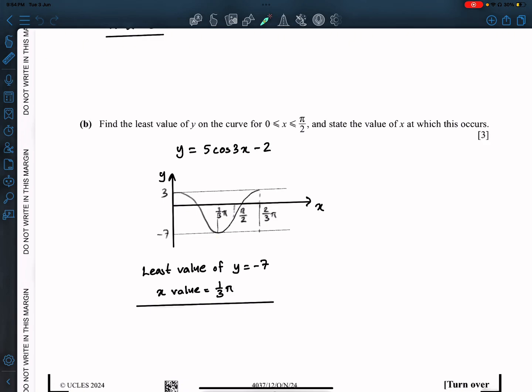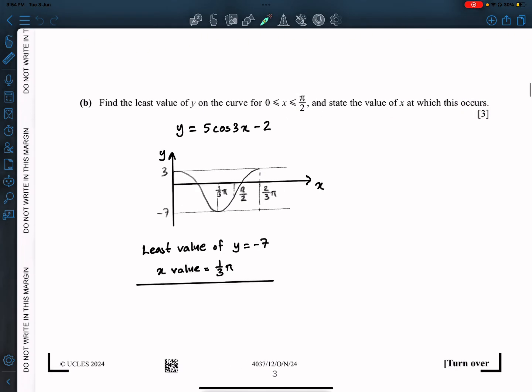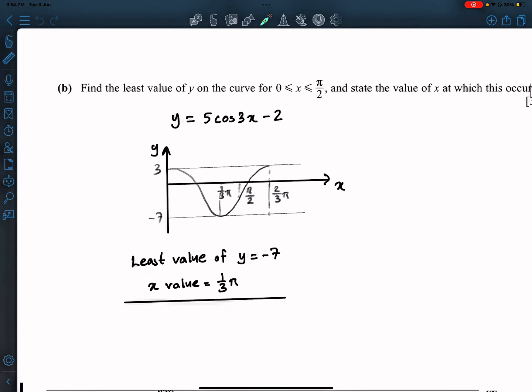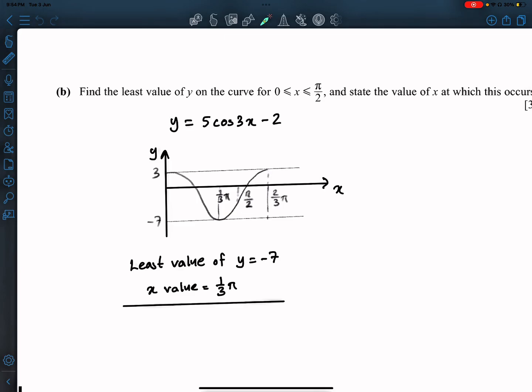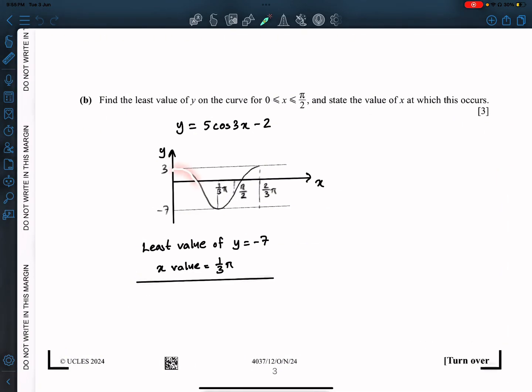Number 1b. Find the least value of y on the curve for x greater than or equal to 0 and less than or equal to pi by 2. State the value of x at which this occurs. To solve this question without a graph would be very difficult. So what I've done here is drawn a simple sketch of the curve.